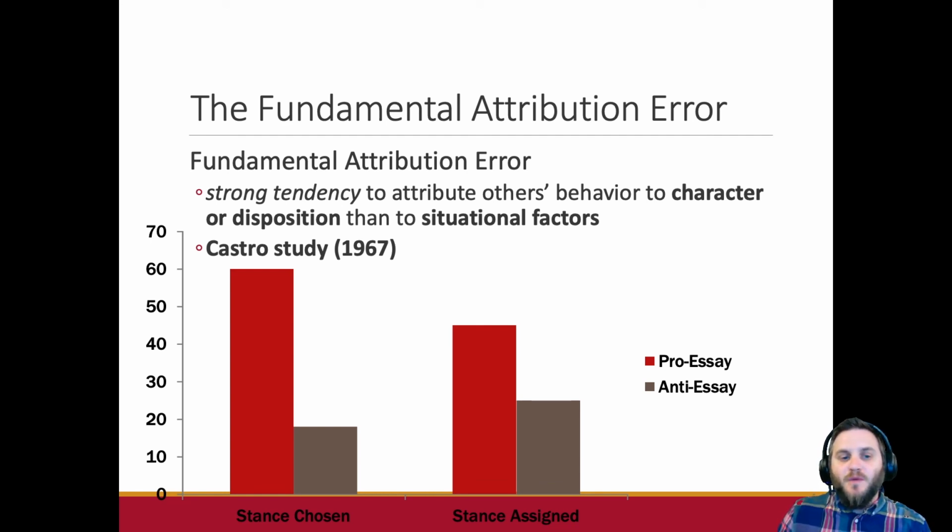It becomes situational. When their stance is assigned, it becomes situational. This is disposition. These two bars reflect character and disposition. That's a correct attribution. I think this is pretty good. Situational factors, though, apply to these two bars.